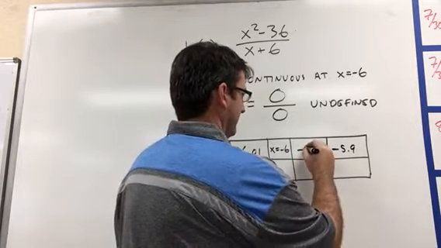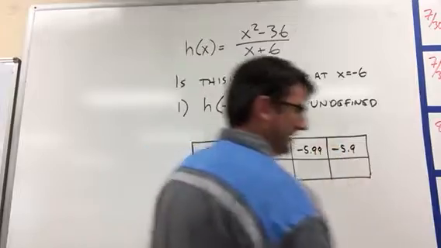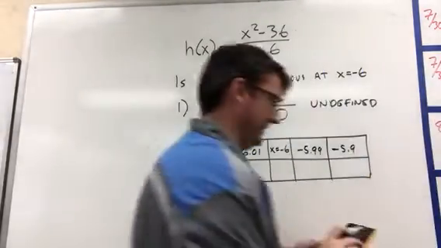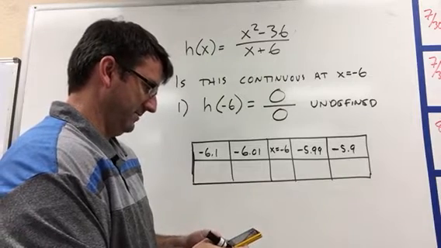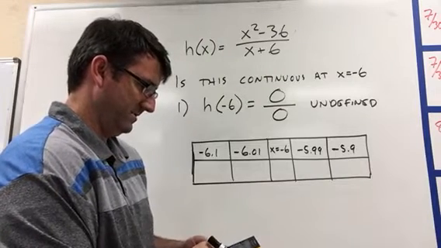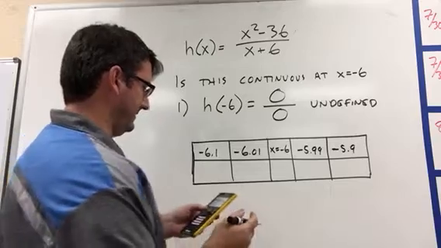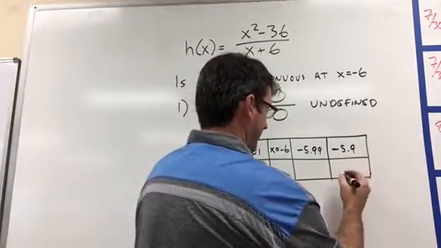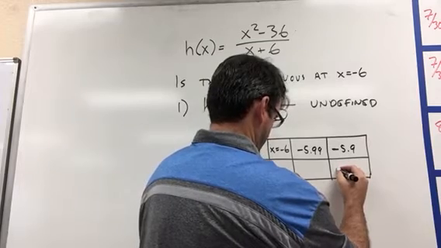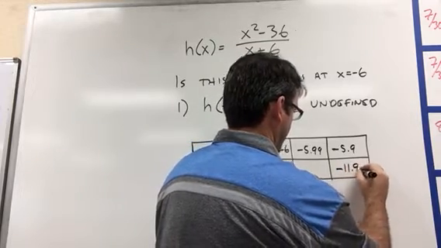negative 5.99. I did these on the calculator as well. And for negative 5.9, I got negative 11.9.